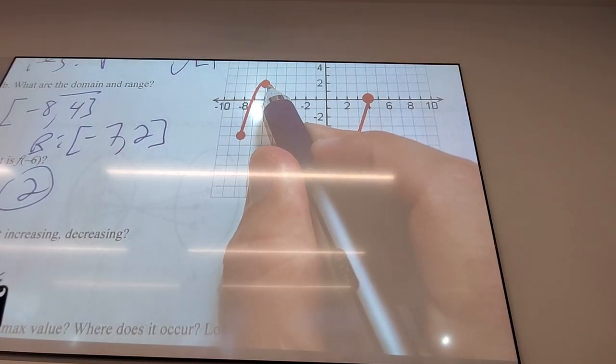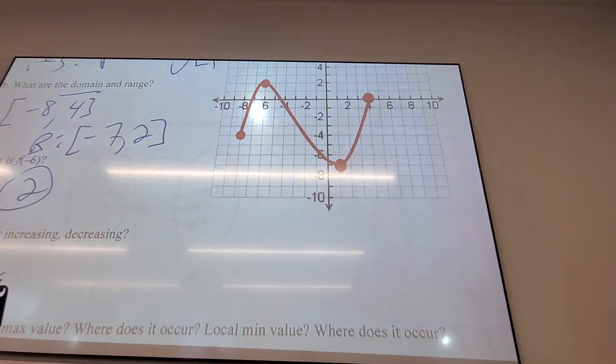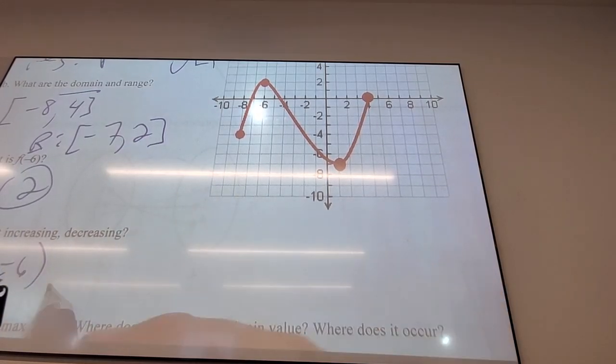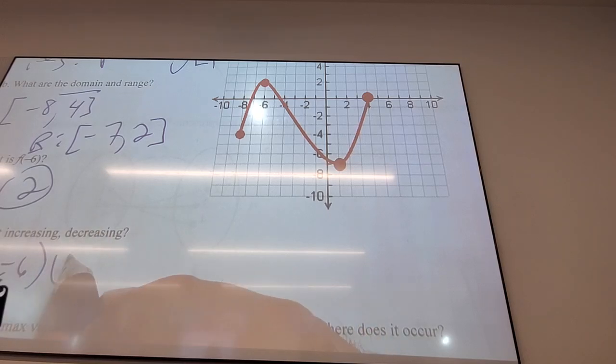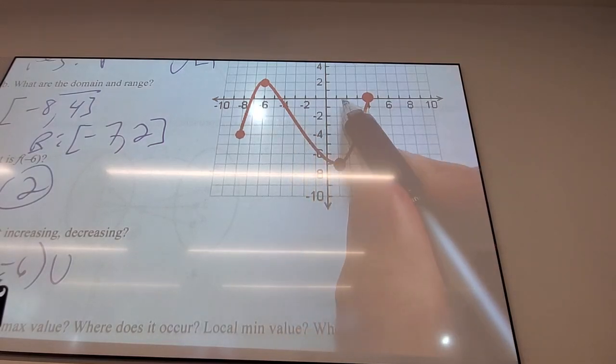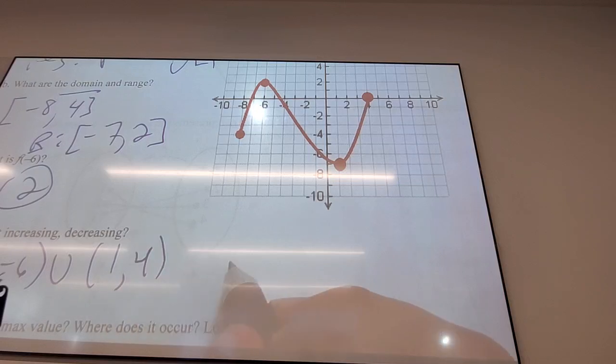Changing. So it's resting. If I throw something in the air, it hits the top and it sits there for a millisecond, then it starts to fall again. So -8 to -6. So I don't put a bracket there. Where else is it increasing? Starting at what x value is it increasing? From 1 to 4. Where's it decreasing?